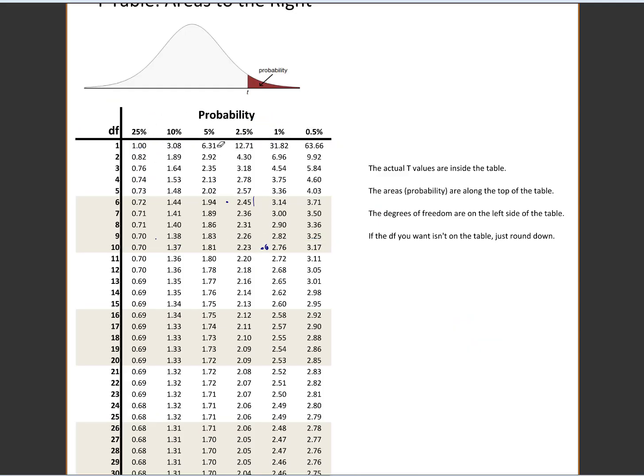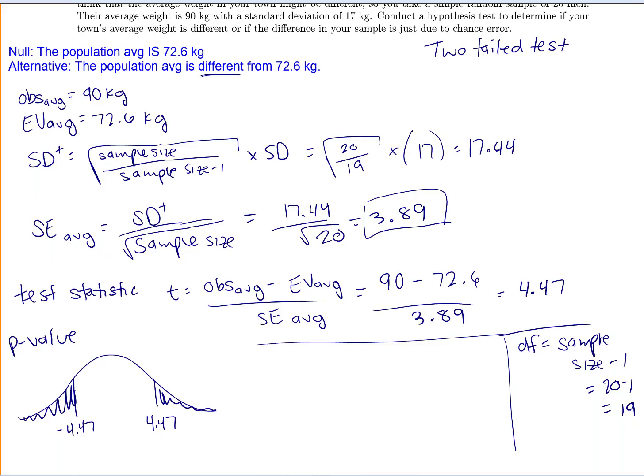So degrees of freedom, we just said, were 19. We're looking for our t-value of t equals 4.47, which is going to be somewhere here, off the charts. So we would say less than 0.5%. Over here I'd say less than 0.5%.